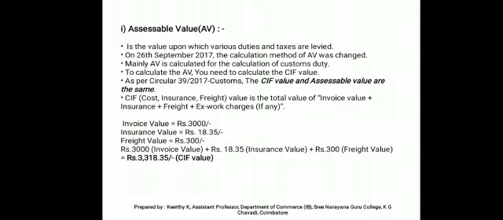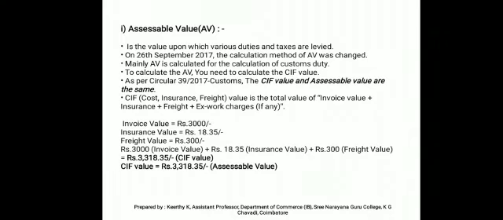Adding these three, 3000 plus 18.35 plus 300, we get 3318.35 as CIF value. As per Circular 39/2017 of the Customs, CIF value is also the assessable value. So here the assessable value is 3318.35.